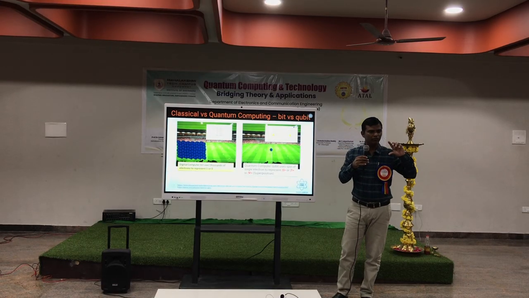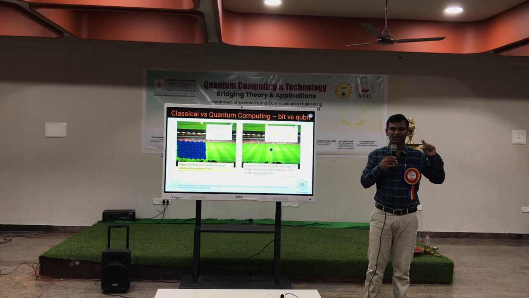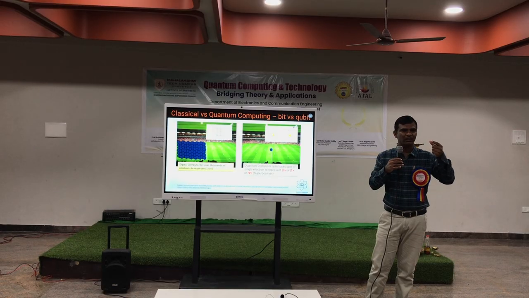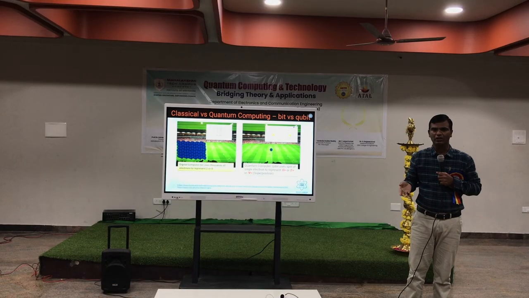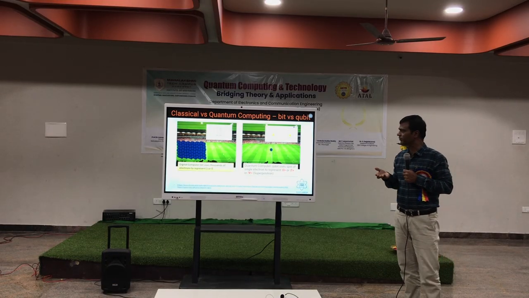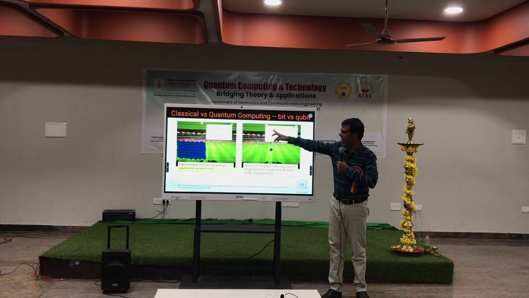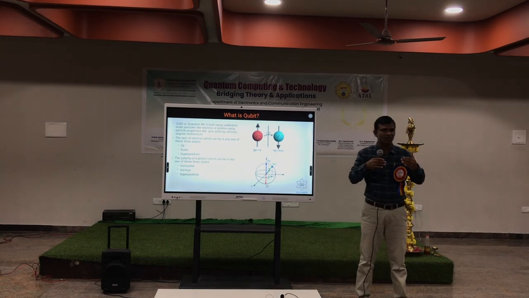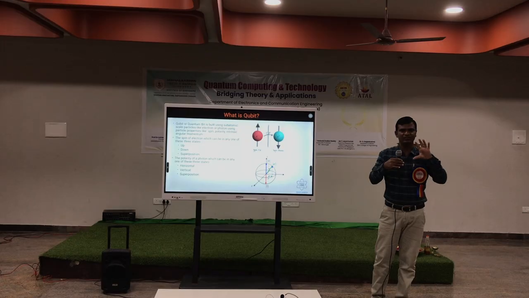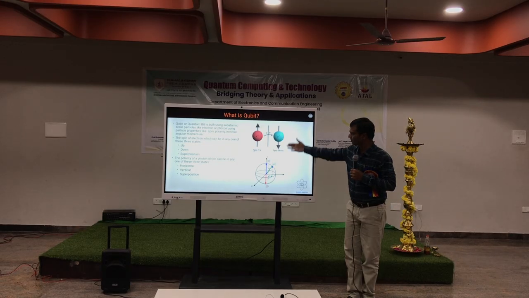I told you, if you correlate this coin analogy with electrons, an electron has spins, right? Spin up, spin down, or plus or minus half spins. If you correlate like this, it is like the excited state and ground state in chemistry. You can correlate those things like ket 0 and ket 1. We'll see what is meant by ket and what is meant by bra.